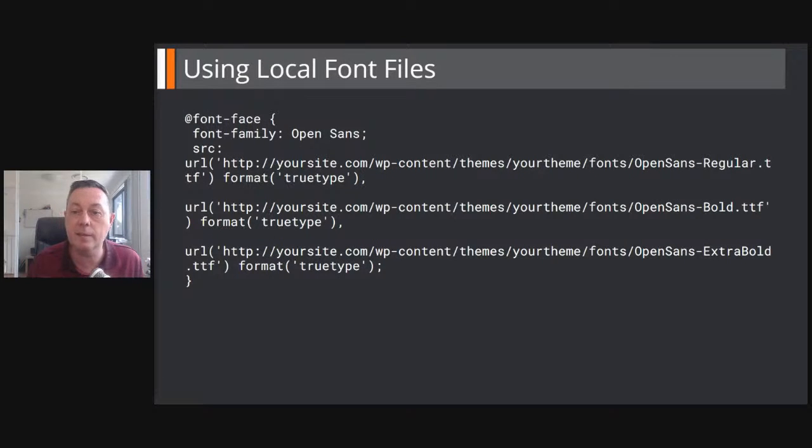Then I'm telling CSS what format type it is as well. So format is truetype. I've done that for those three fonts. Once you've done that and saved, your WordPress website will be able to recognize the font family, and it will load in those TTF files and cache them as well. So the CSS will cache that.